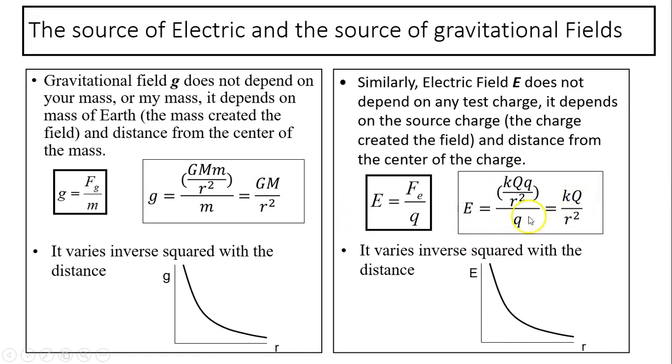So there are two ways to calculate E: the ratio on the test charge, the force on the test charge divided by the charge on the test charge, or we can use the amount of source charge and how far away from the source charge to find E at that location. So E is also inversely related to the distance squared.